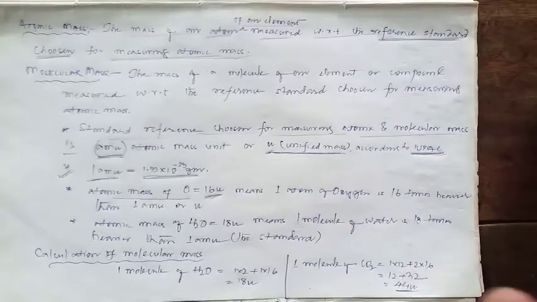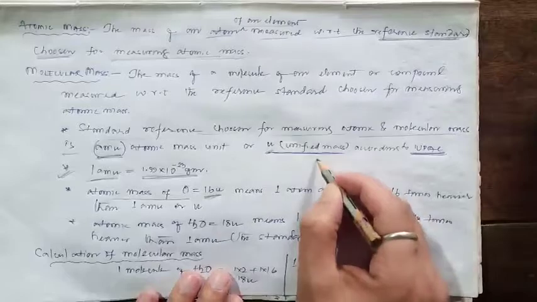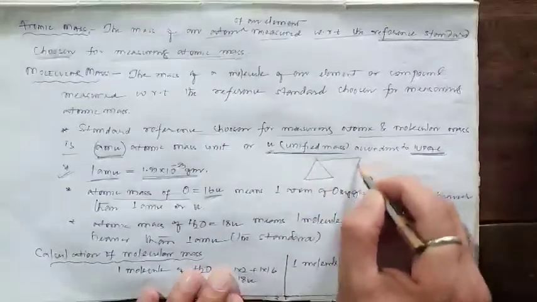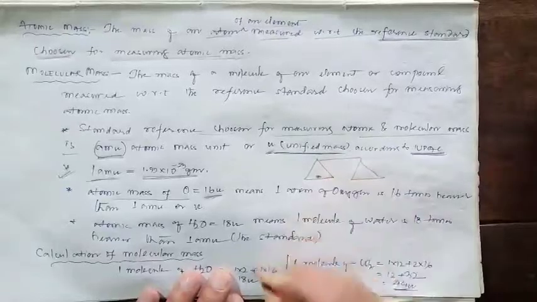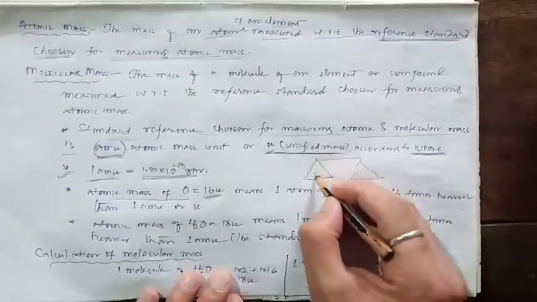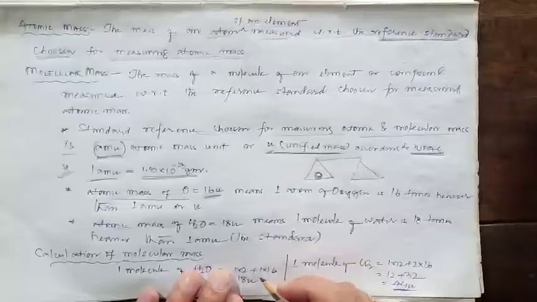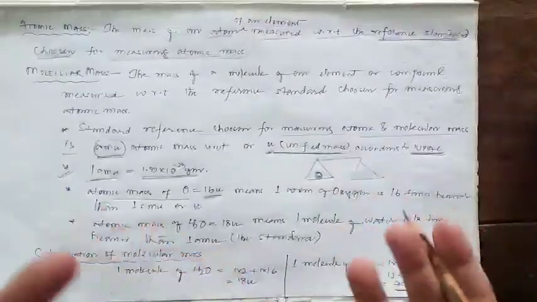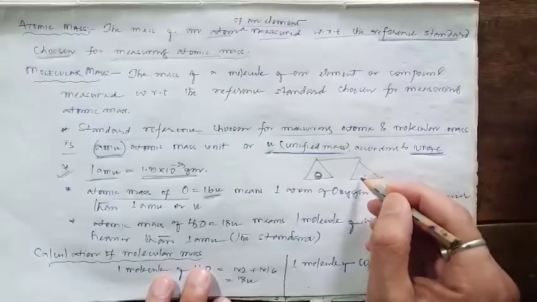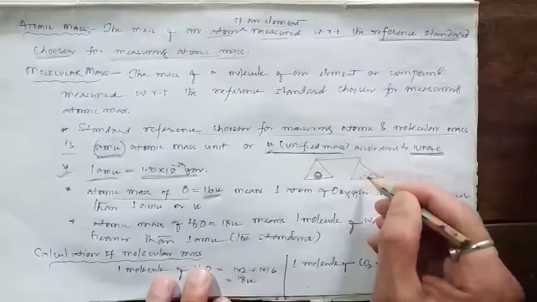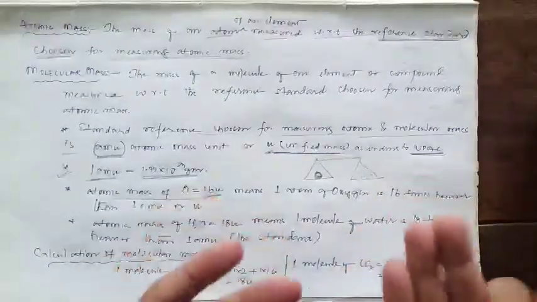Now to keep this balance same, suppose this is 1 atom of oxygen. Now to keep this pan of the balance equal, we have to put the number of AMU on this side.